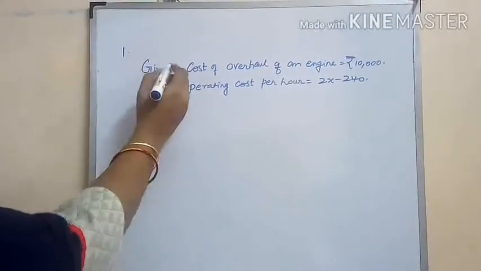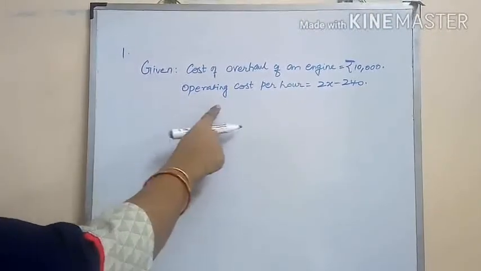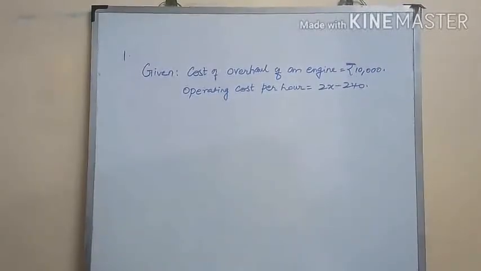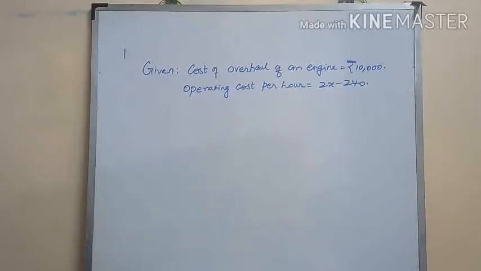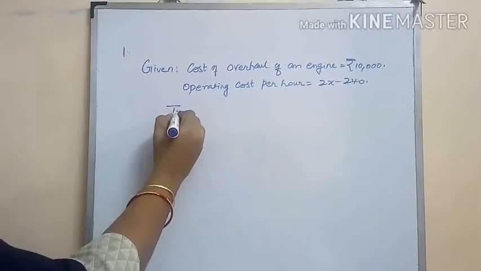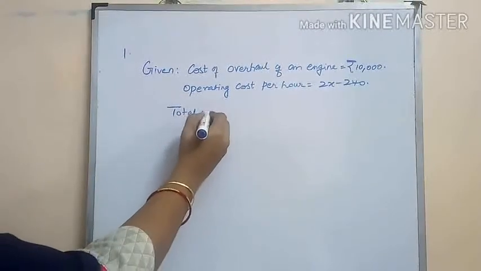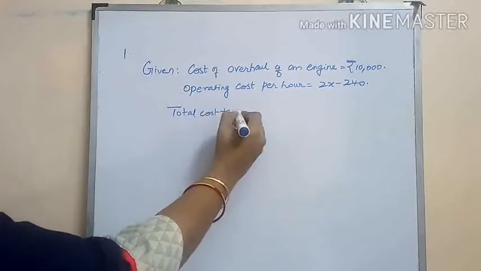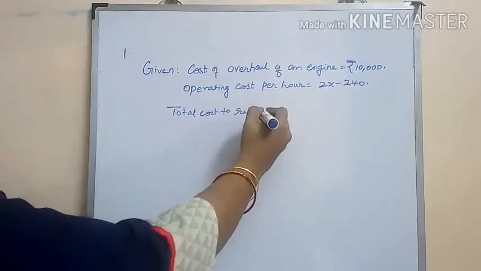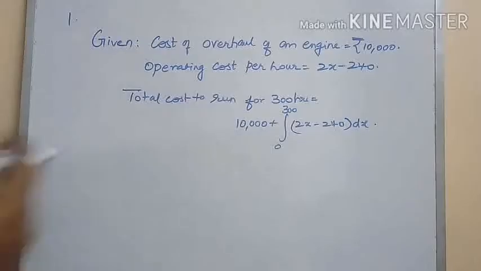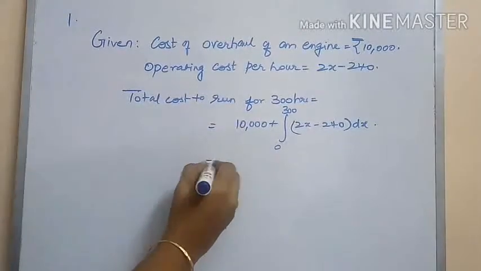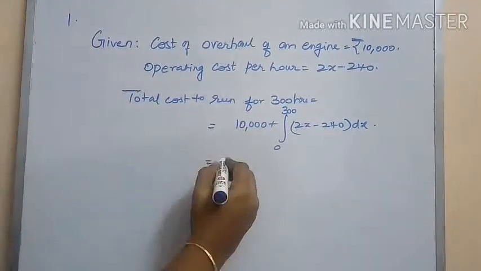Here we are given that the cost of overhaul of an engine is rupees 10,000. Operating cost per hour is 2x minus 240. So the total cost for the engine to run for 300 hours after overhaul is equal to 10,000 plus integral 0 to 300 of (2x minus 240) dx.